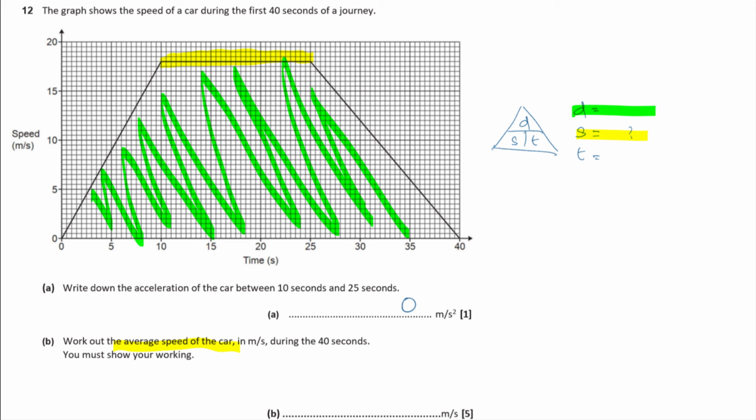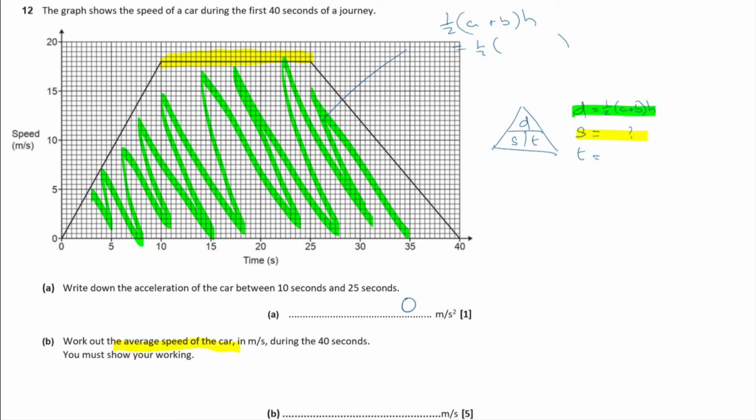Now this shape is a trapezium, and the formula for the area of a trapezium is half (a plus b) times h, isn't it? So what is half (a plus b) times h here? Well, half is half. What's a and b? A and b are the two parallel sides.